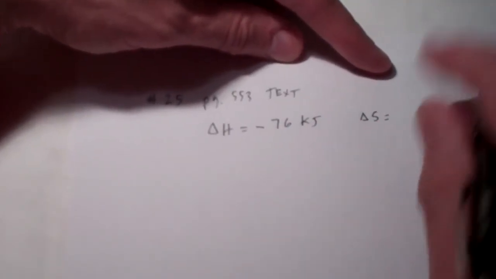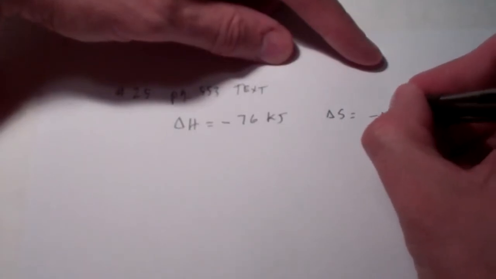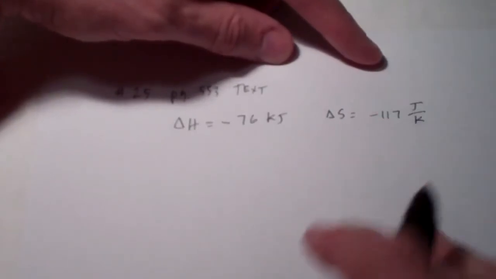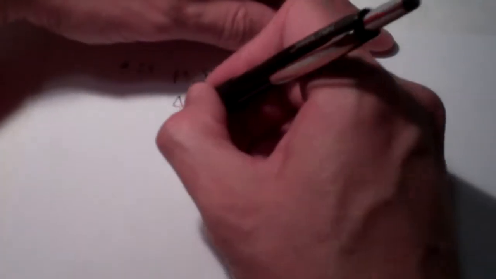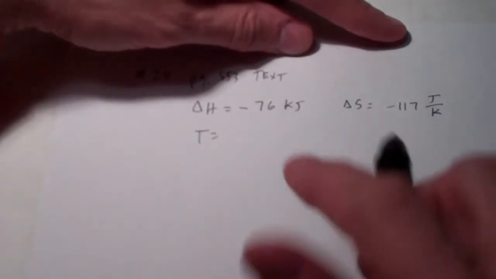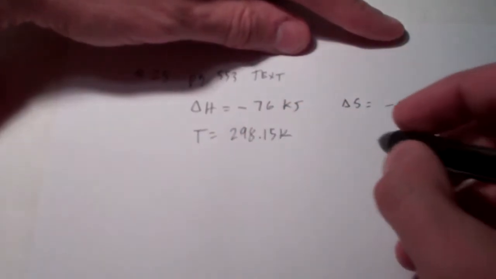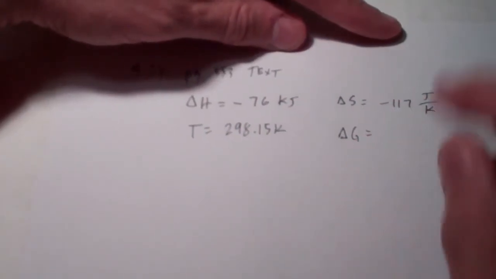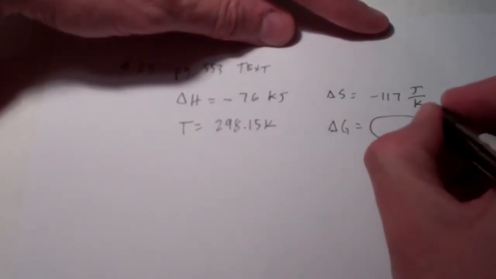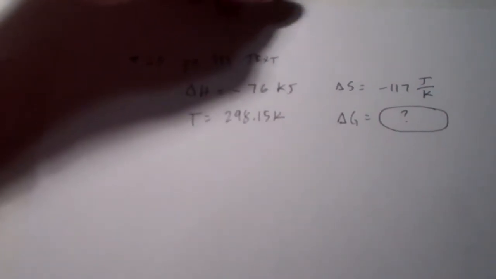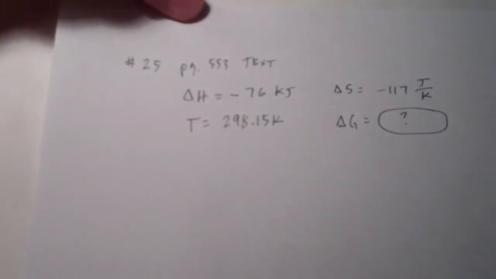Delta S is a negative 117 joules per Kelvin. The temperature, let's put that right here, is equal to 298.15 Kelvin. And our job is to find delta G and determine whether or not the reaction's spontaneous.